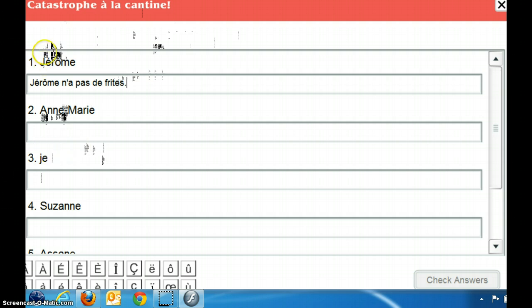So notice that I did say frites with an S because there was more than one fry on the plate. But because it's the pas de rule, it only has to be de or d apostrophe. So no plurals. So we have de frites.